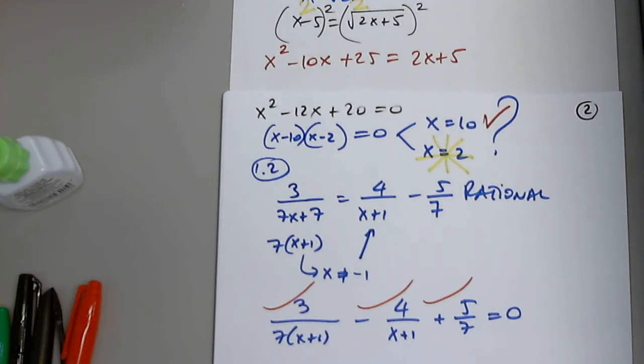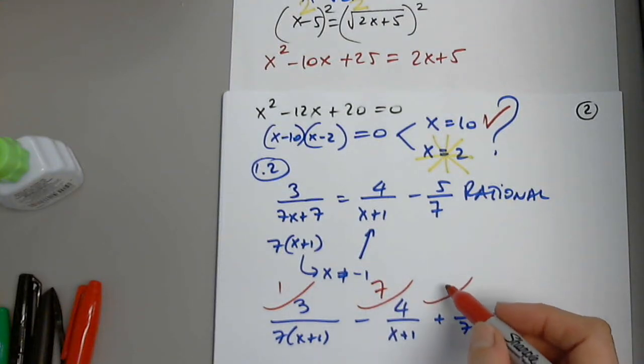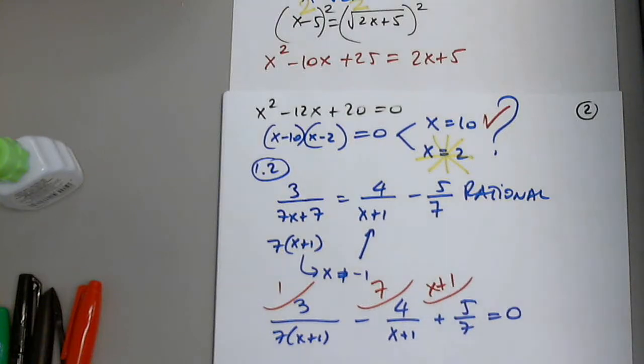So what am I multiplying 3 by? None. Yes, nothing, meaning 1. You don't have to write anything, really. So what do I multiply the top of the second one by? 7. And the last one by? x plus 1. Very good. Now I have to be careful and write the numerator after I distribute whatever I need to distribute.